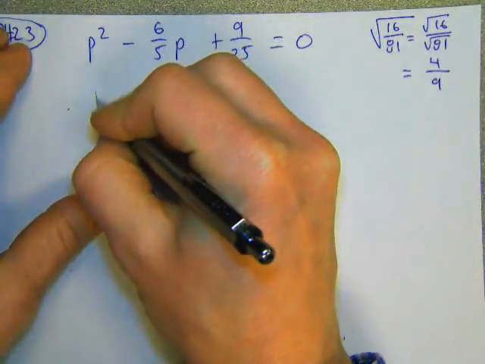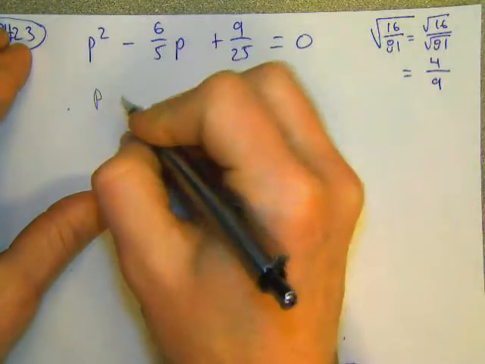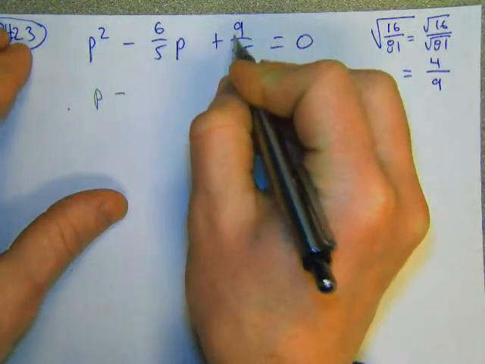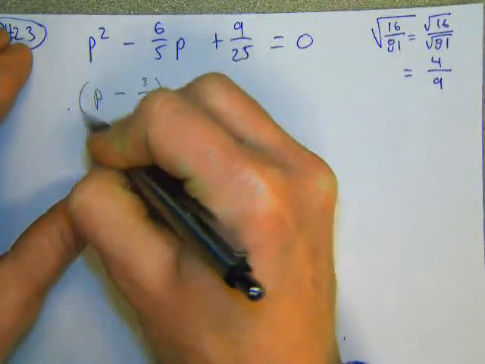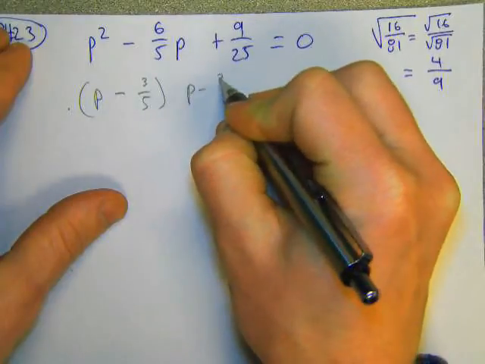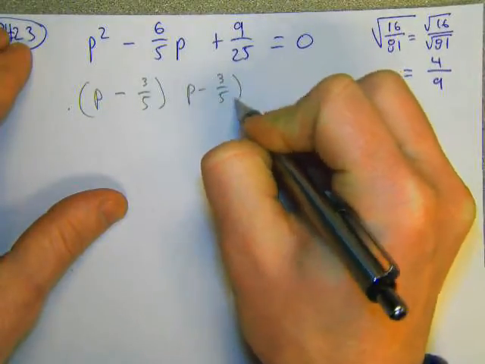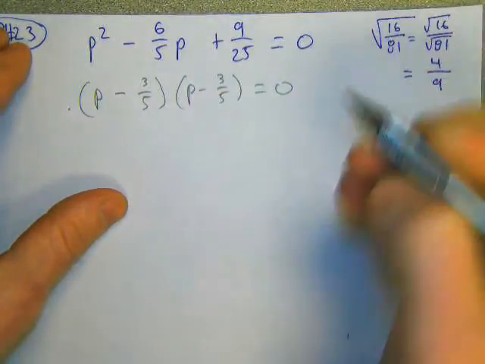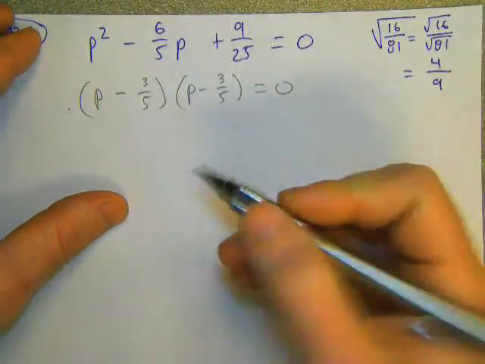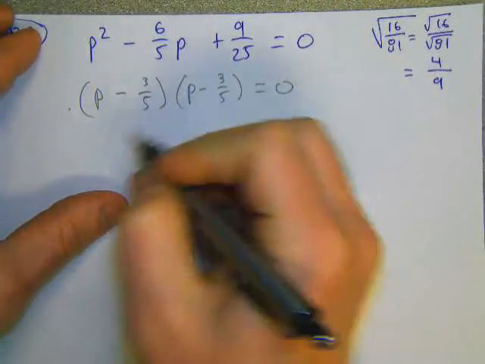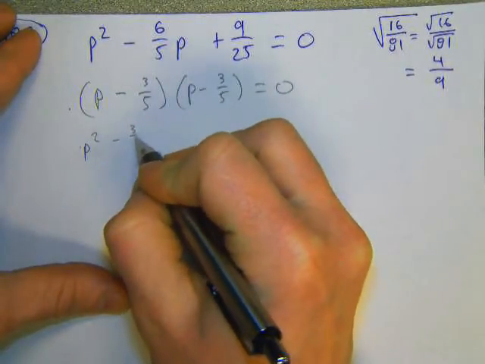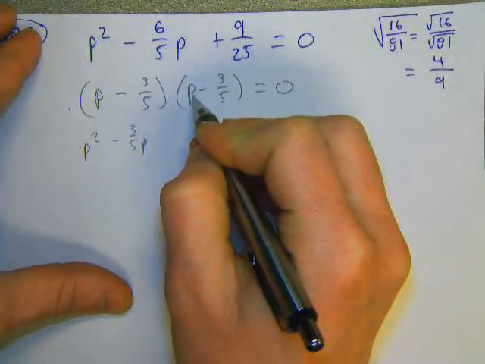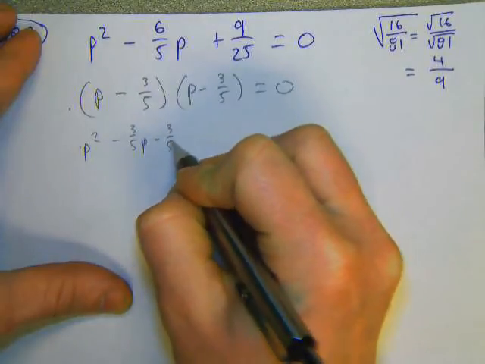Okay. So I've got p minus, square root of that is 3 over 5. I'm going to test it because I'm not sure, and it's a good habit to get into. So p times p is p squared. p times negative 3/5 is negative 3/5 p. Negative 3/5 times p is negative 3/5 p.